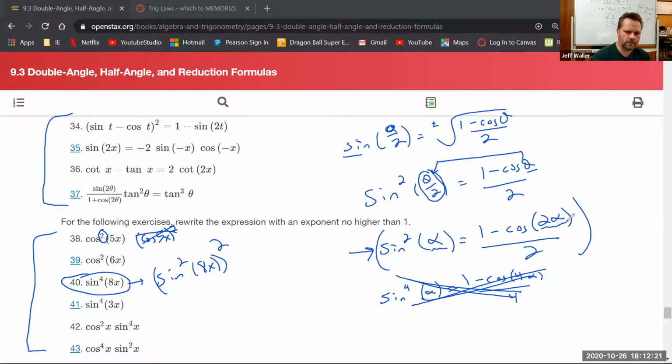Whatever this is, that's twice that. Everything else stays exactly the same. I have no formula for the 4th power. So what would the inside here be? How could I rewrite the inside of this using this? Whatever this is, what goes here is twice that. So how do I rewrite this? Right, 1 minus what?